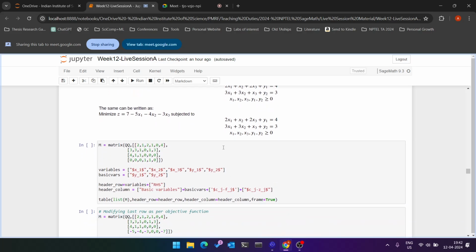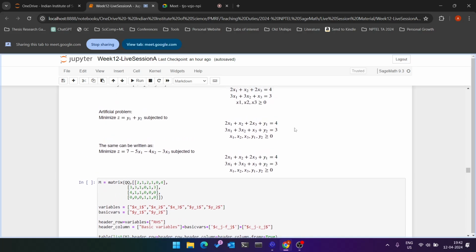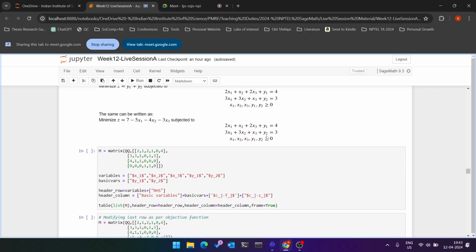So this artificial problem would have a basic feasible solution of the form 0, 0, 0, 4, 3, so to speak. So x1, x2, x3 are 0, and y1, y2 are 4 and 3.